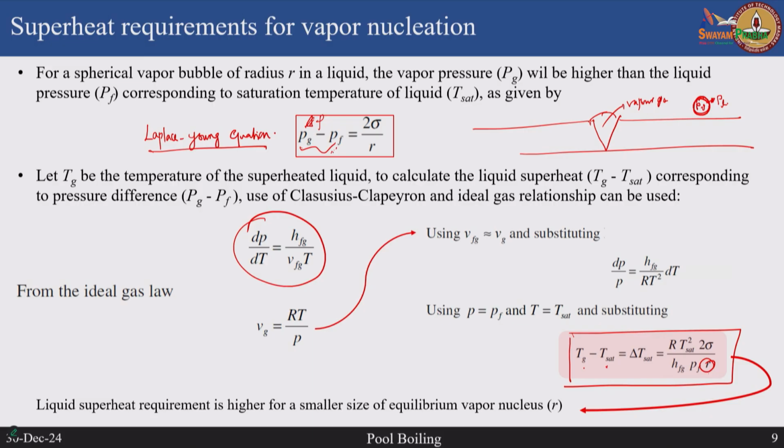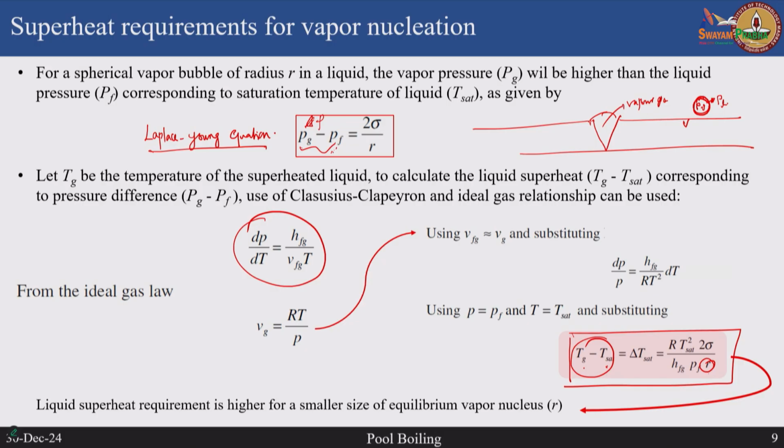That means, if you have a very small vapor cavity and a very small bubble, you need a very large excess temperature to cause the bubble to exist in that stable state, right. And as the size of these cavities becomes bigger, the amount of wall superheat that you require goes down. So, this is basically the reason why there is a point where there is an onset of nucleate boiling which is above the saturation temperature and not exactly at saturation.